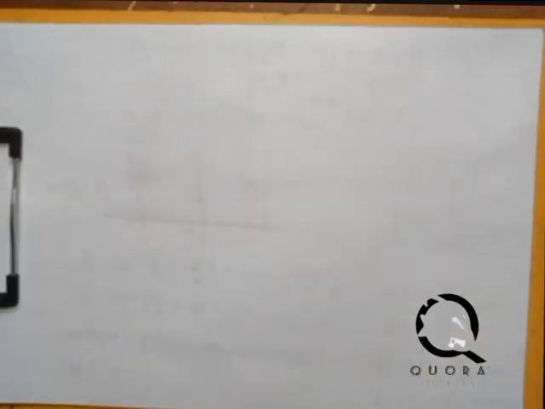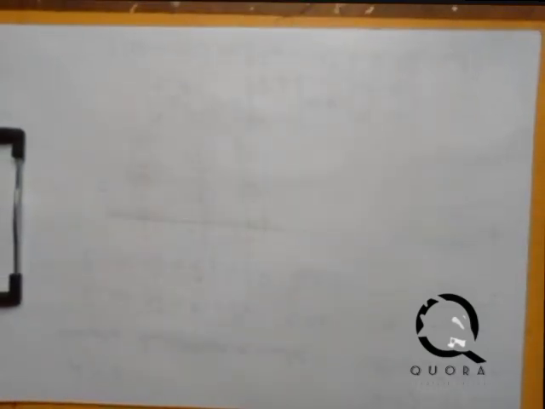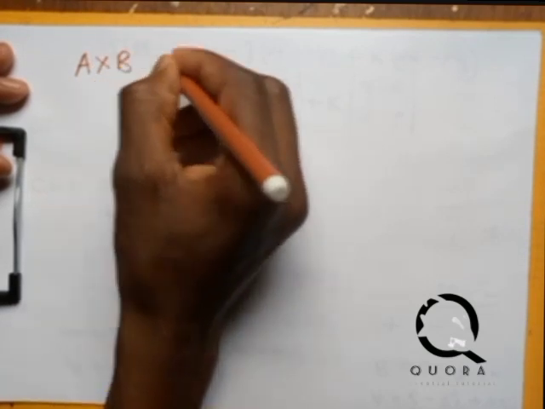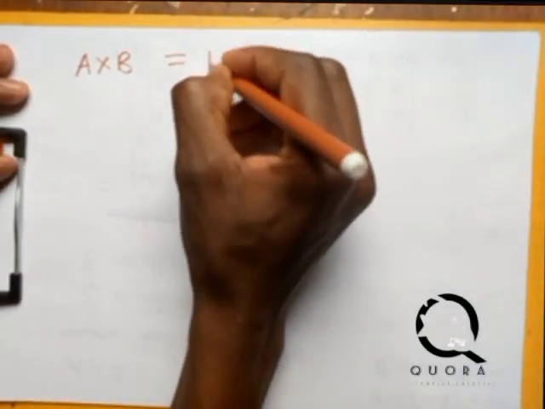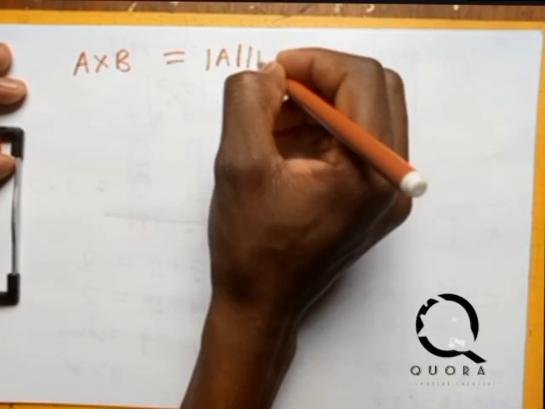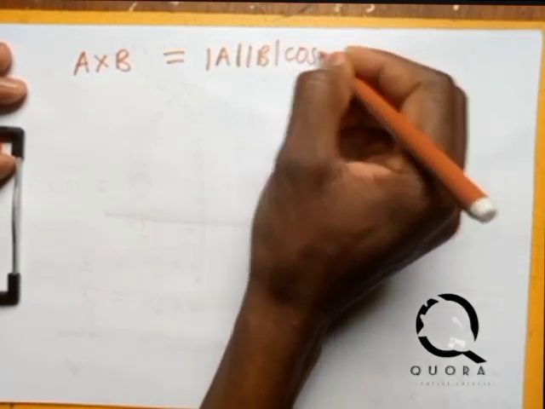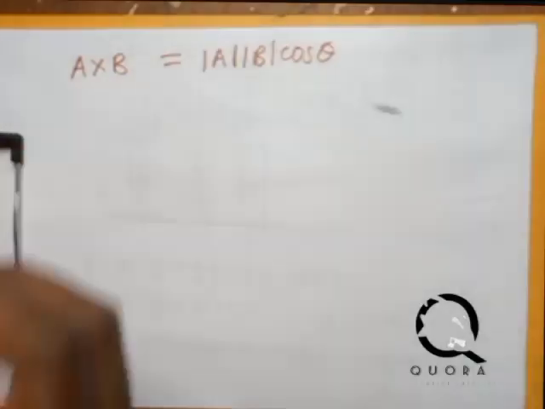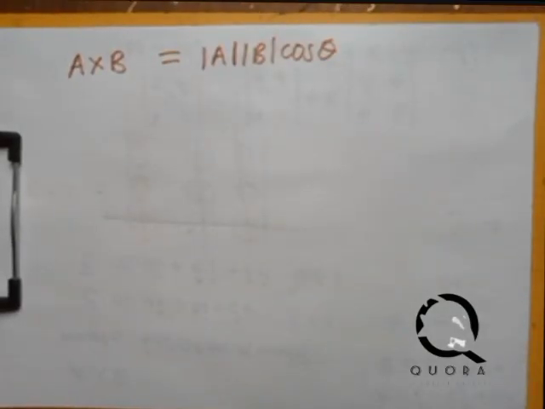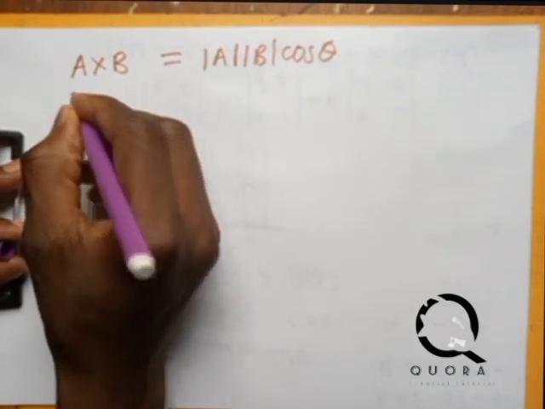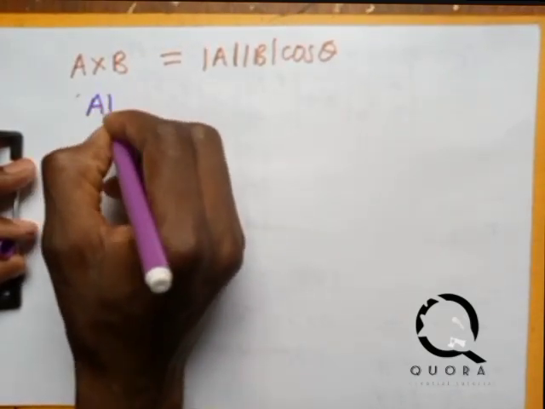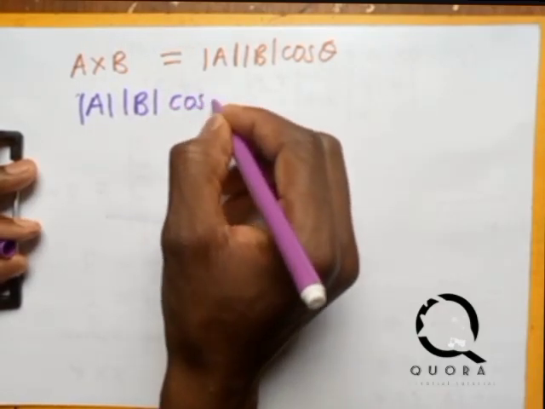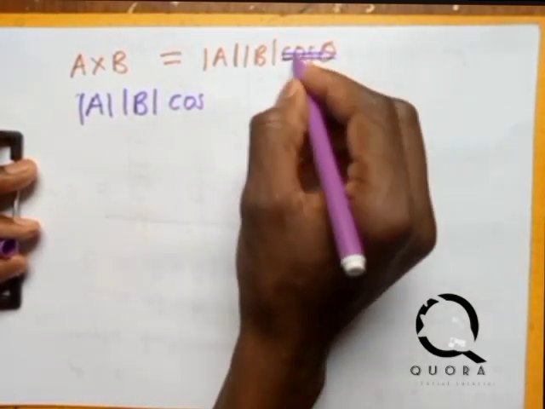Right. So A cross B is equal to the magnitude of A, the magnitude of B cos theta. So what is A cross B? Let me write it like this. Sorry, I've made a very big mistake.